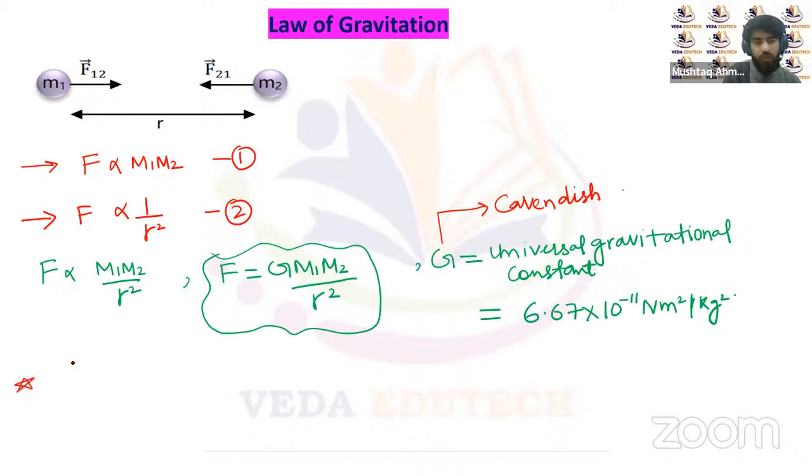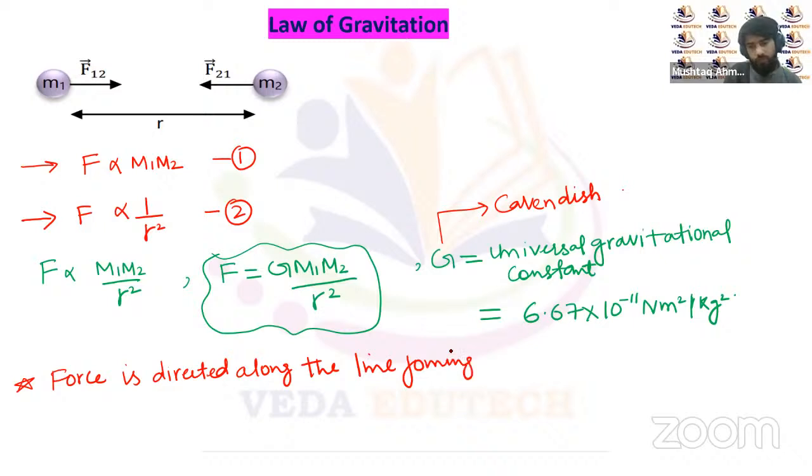So if this is the mass m1 and m2, then the force between these two masses will be along this line, which joins the centers of the two bodies.